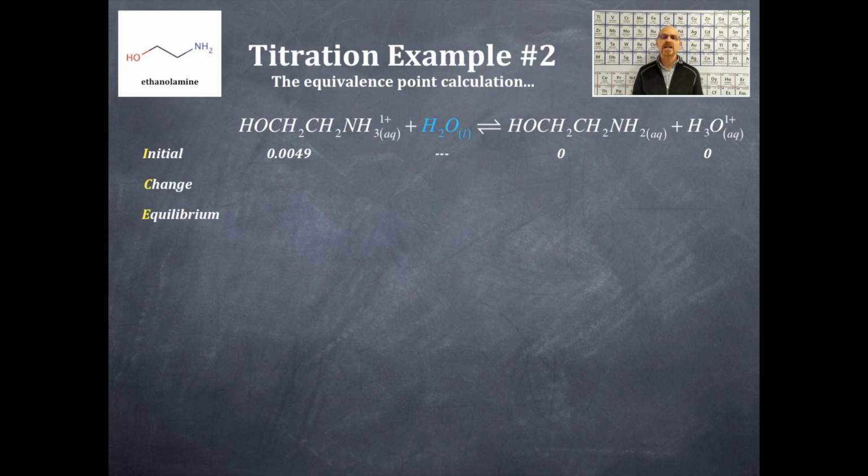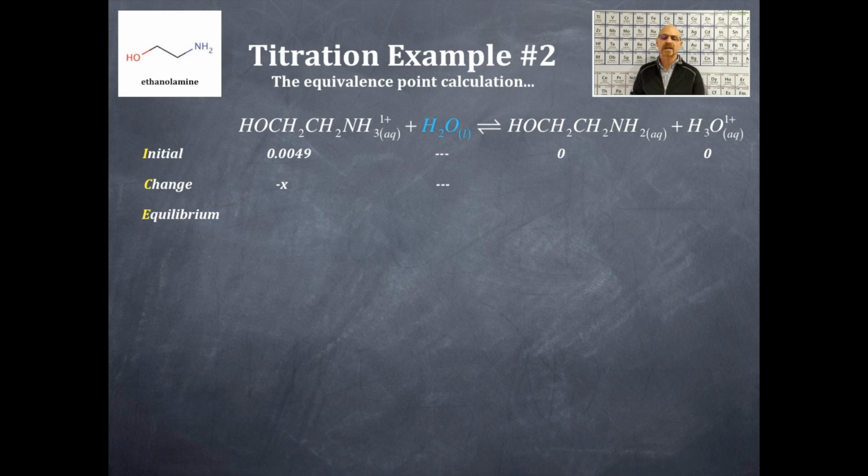Okay, now the change is going to be the same as any other equilibrium problem as well, and that is on the reactant side you're going to decrease the reactants, on the product side you're going to increase the products. So on the reactant side it's going to be a -1x. I'm using the stoichiometric coefficient on the conjugate acid to ethanolamine, that's a 1. Okay, I don't have to worry about the water because that's a liquid.